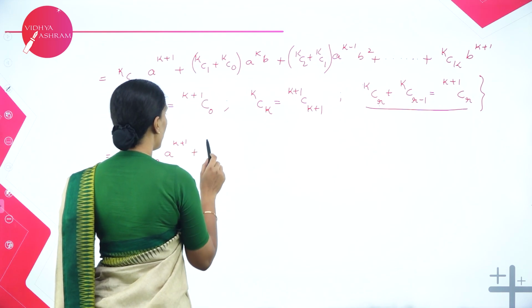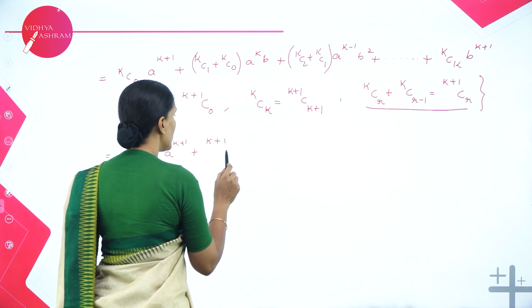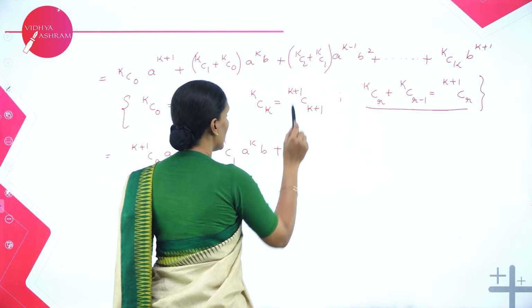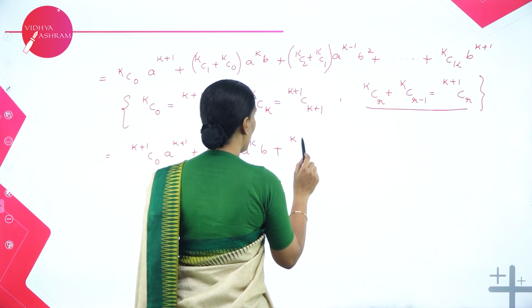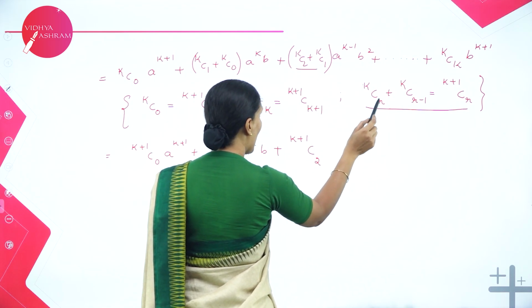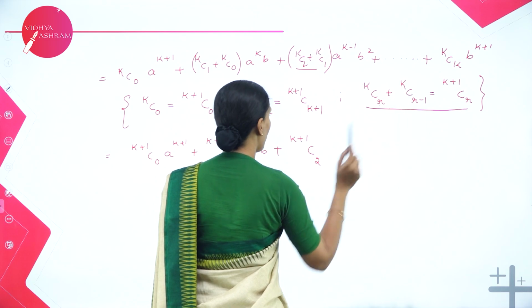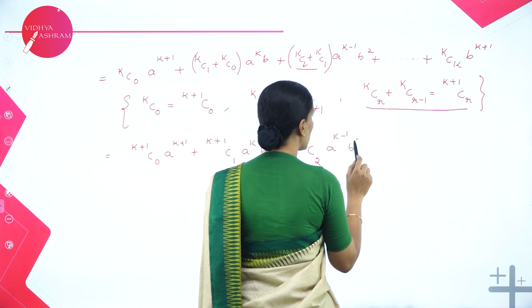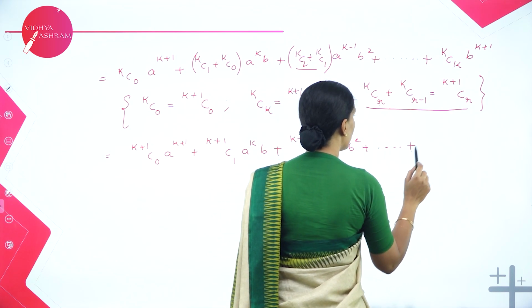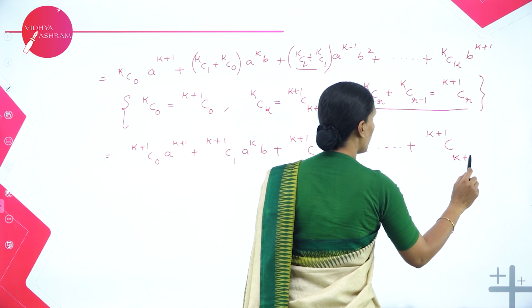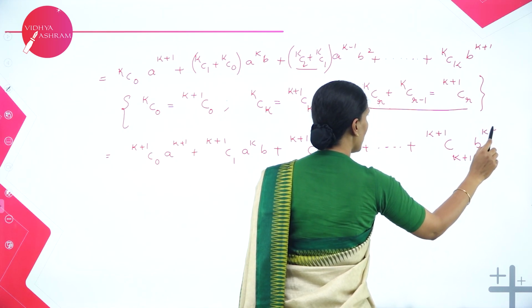And here this can be written as (k plus 1)C1 a power k b. Next, this can be written as (k plus 1)C2 using this result, putting r equal to 2. So a power k minus 1 b square, plus the last term can be written as (k plus 1)C(k plus 1) b to the power k plus 1.